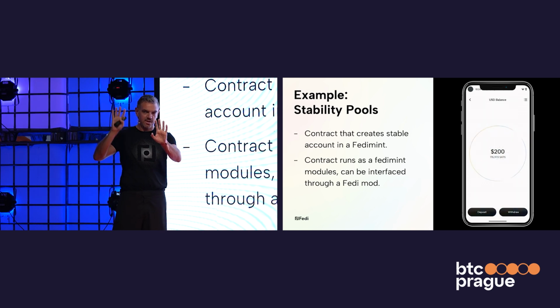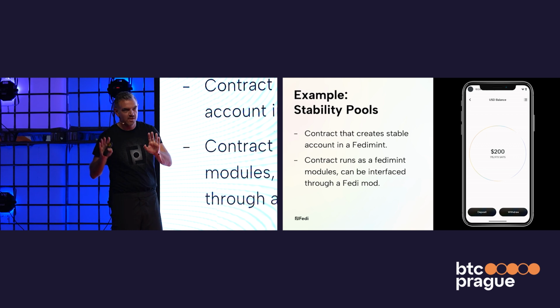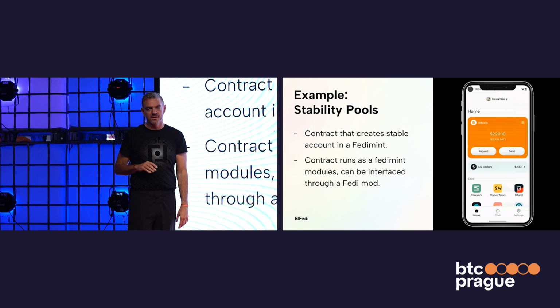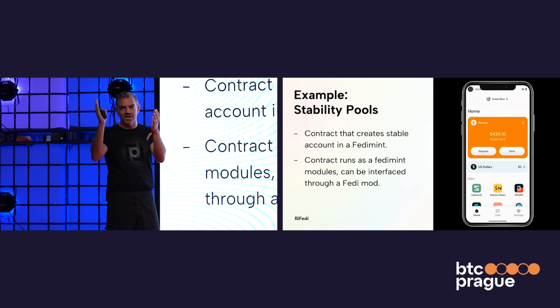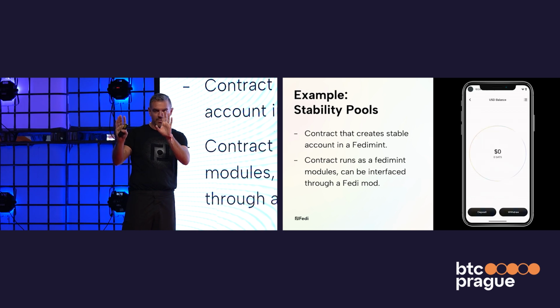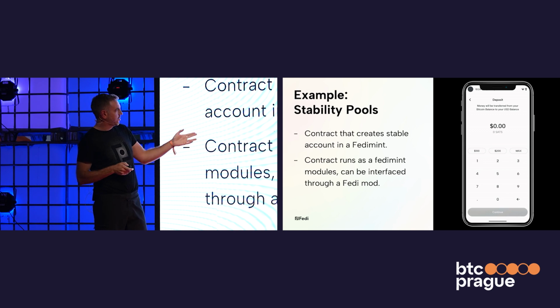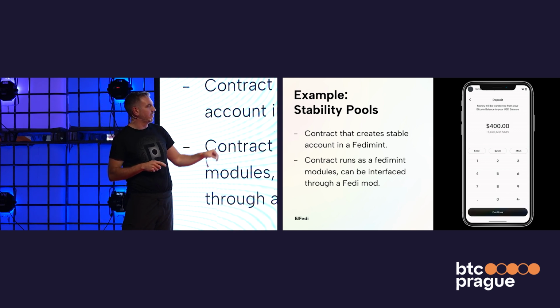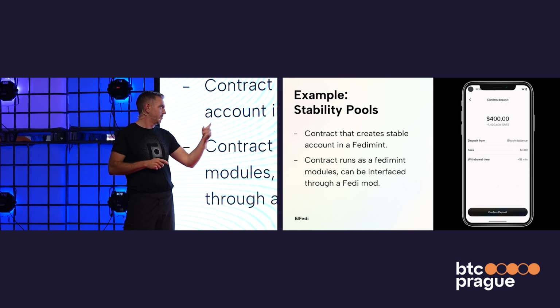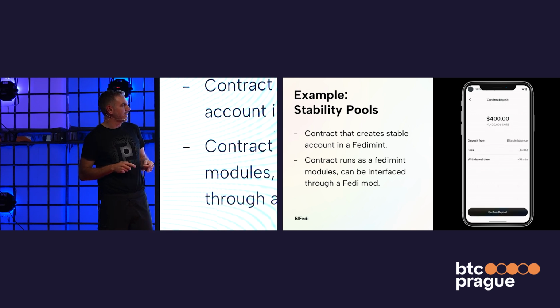One has stability seekers, one has stability providers. If you want US dollars, you put some eCash in the stability seekers side. If you want to help, you can put your Bitcoin in the stability provider side, and you can provide stability to these guys for a fee. So your experience is over on the right-hand side here. If you want your dollars, you simply go into this contract, deposit, I guess, $400 of Bitcoin.